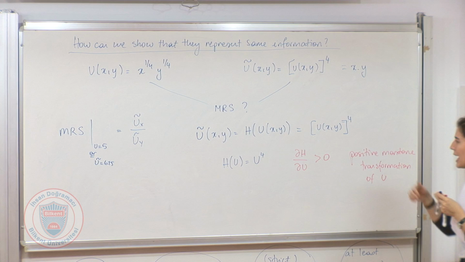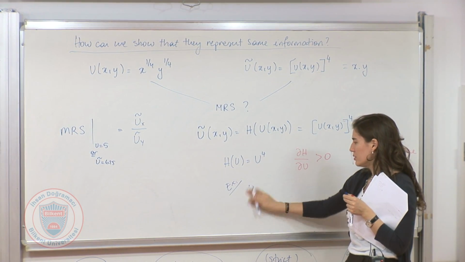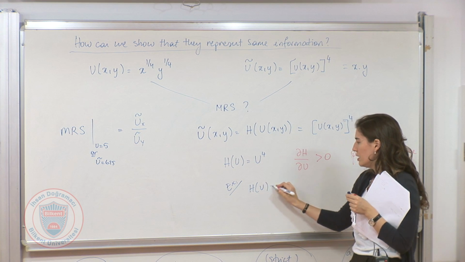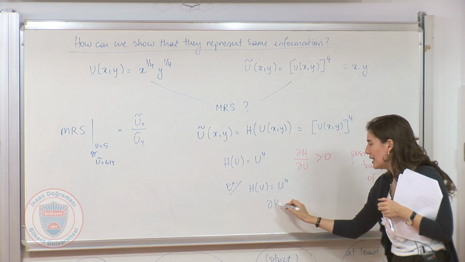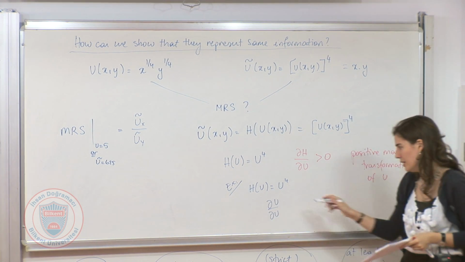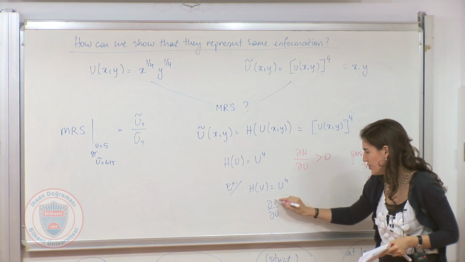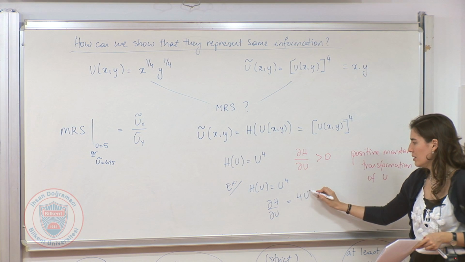So in this case, is it? Let's check. h of u is equal to u to the power 4. What about del h over del u? This is 4 times u cubed.